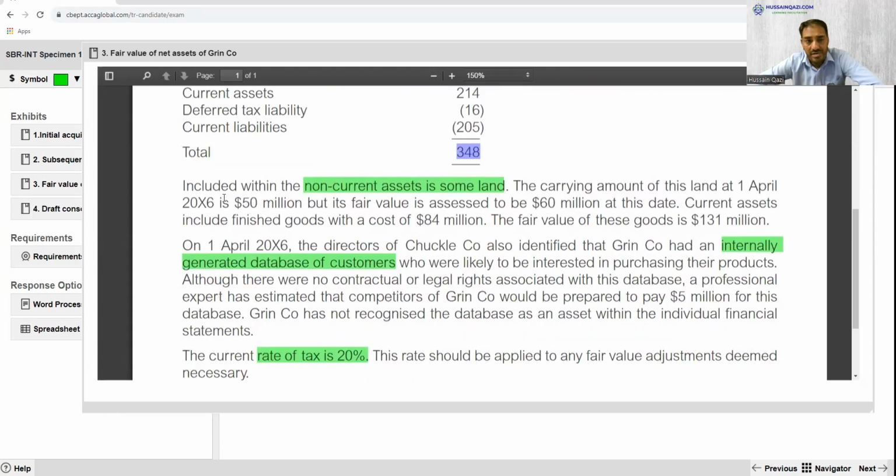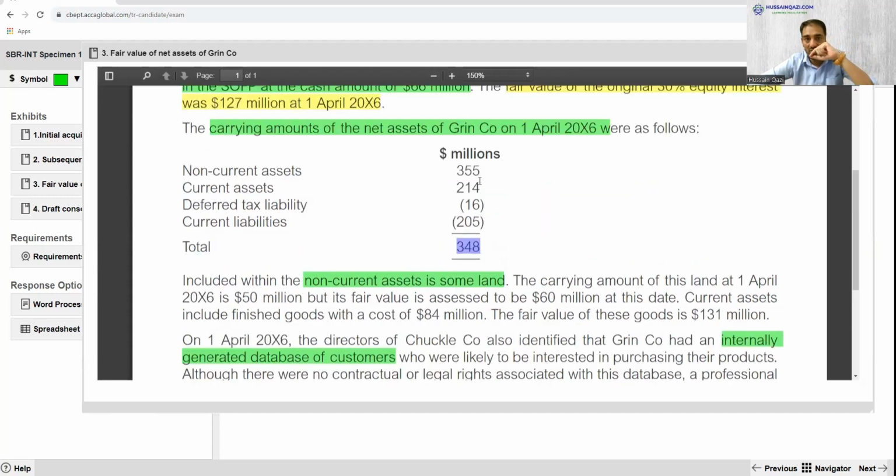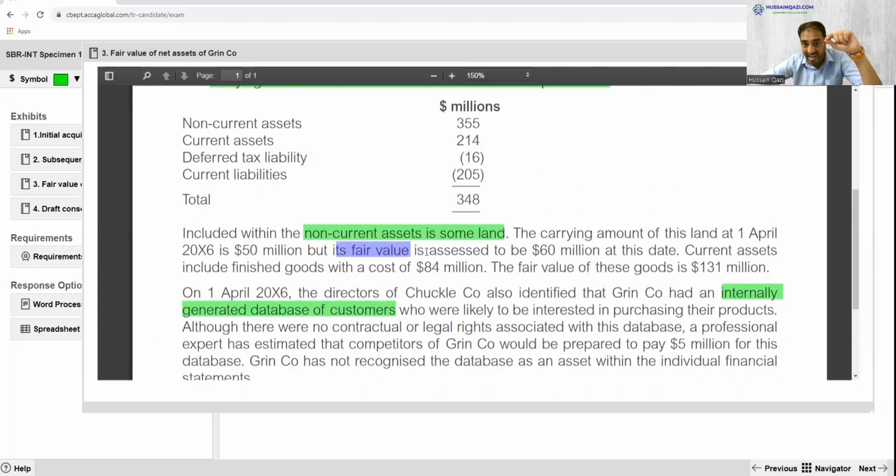Now fair value adjustment. Included within the non-current assets is some land. The carrying amount of this land at 1st April X6 is $50 million. But fair value is assessed to be $60 million at this date. So there's a fair value adjustment of 10 million.